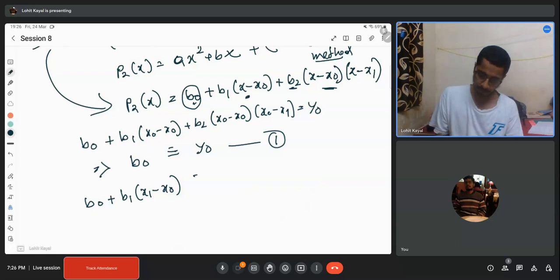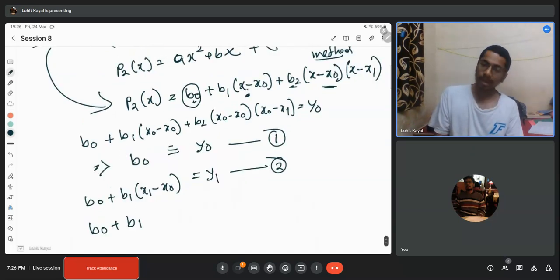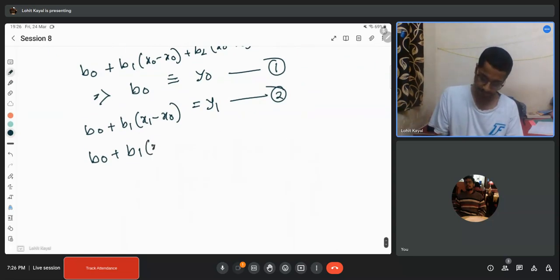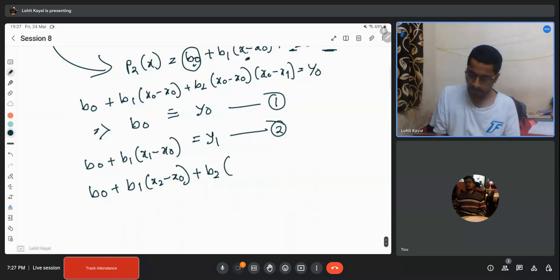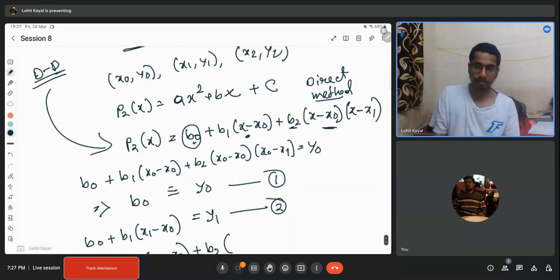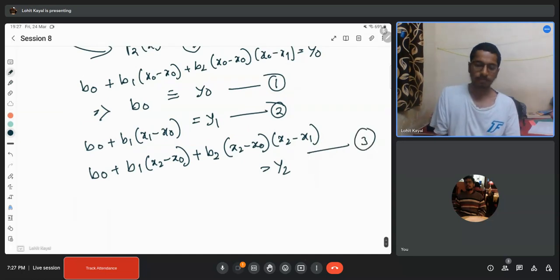I will not write it here, and the right hand side is y1. This is 2. Now if I put x equal to x2, b naught plus b1 (x2 minus x naught) plus b2 (x2 minus x naught)(x2 minus x1) will be equal to y2. This is 3.